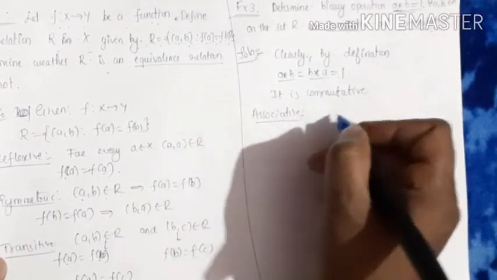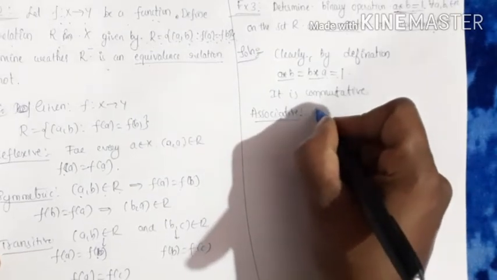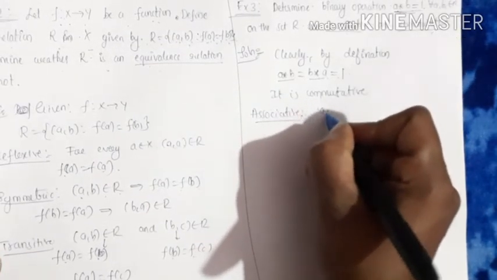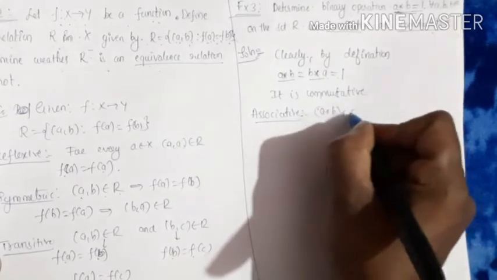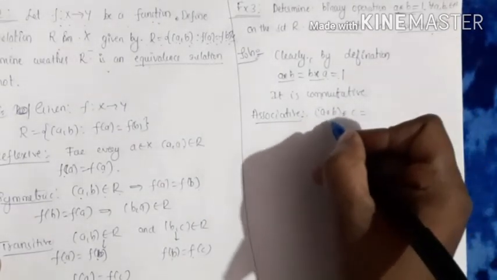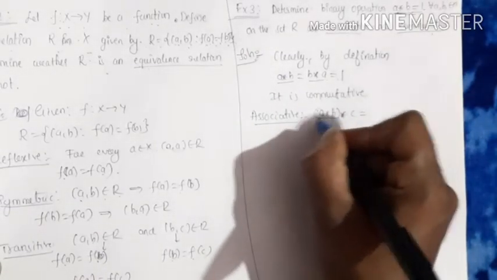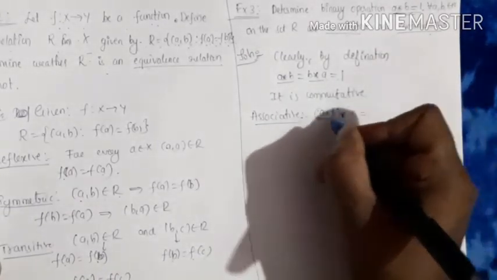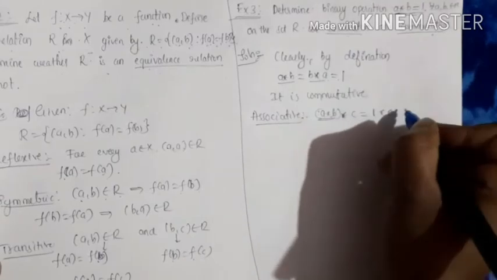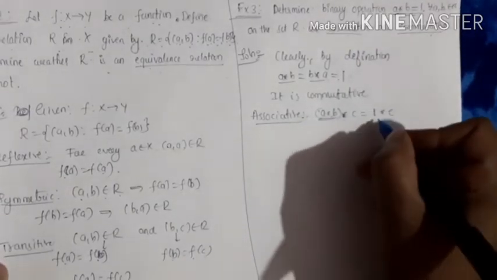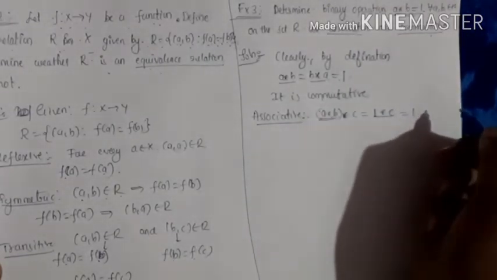Associative. If (A star B) star C equals, so A star B is given as 1, then 1 star C, again 1.